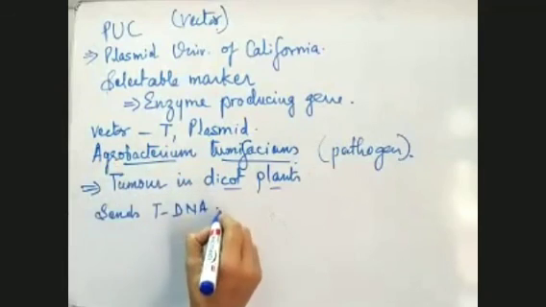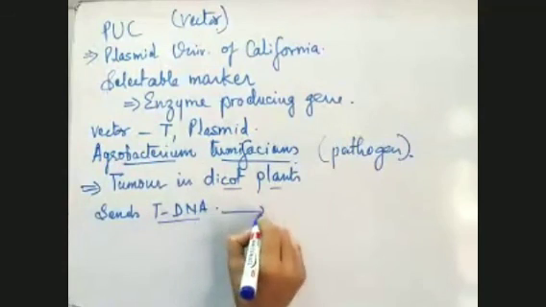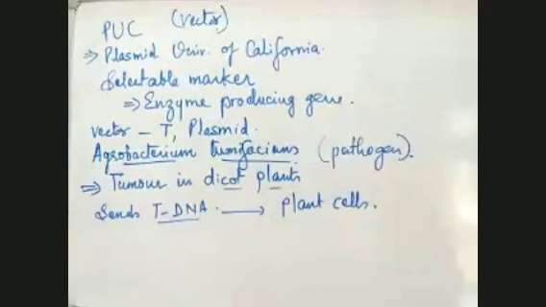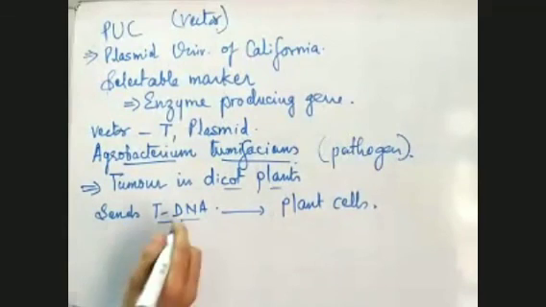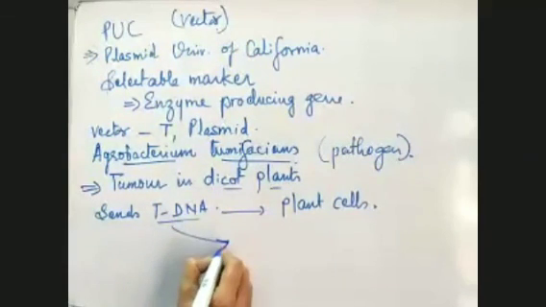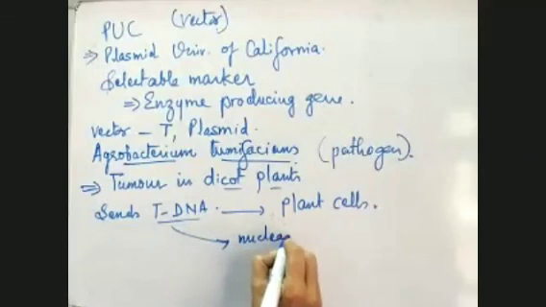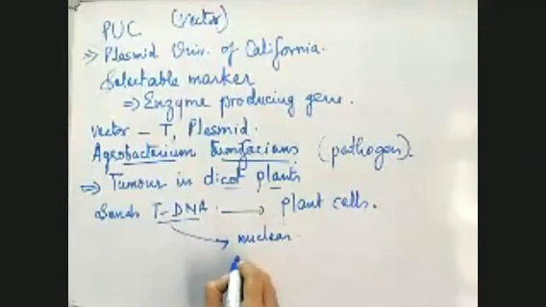Agrobacterium tumefaciens inserts its T-DNA into the plant cell. Now, this T-DNA goes to the nucleus, reaches the nucleus, and in the nucleus it brings about multiplication.